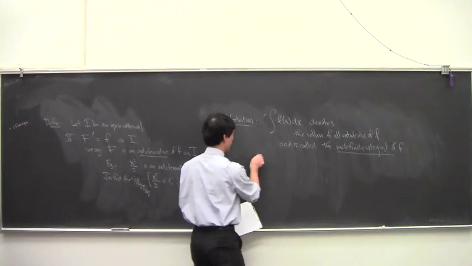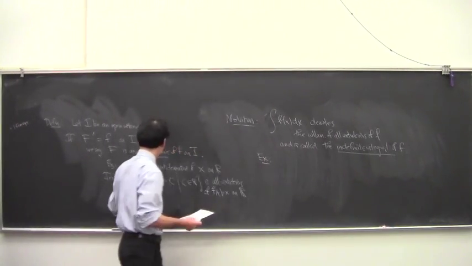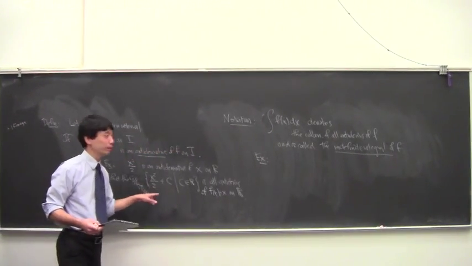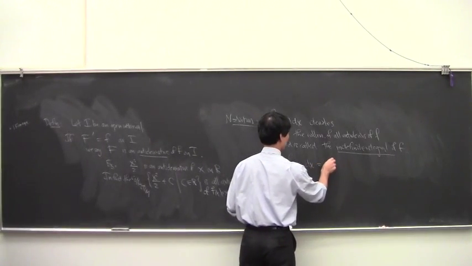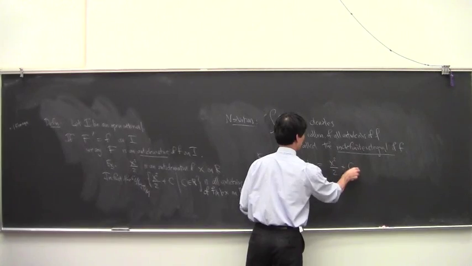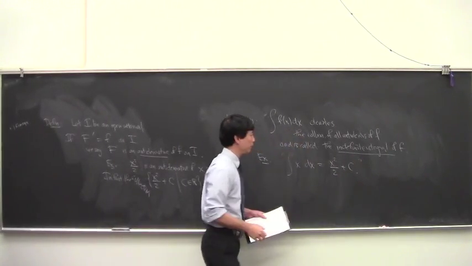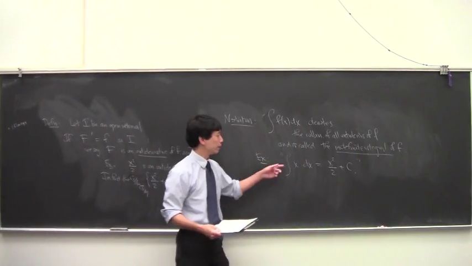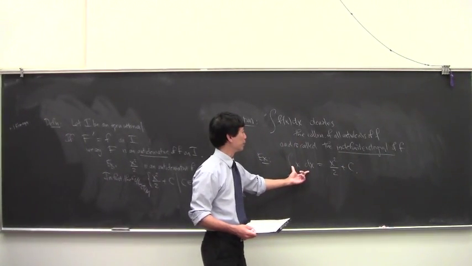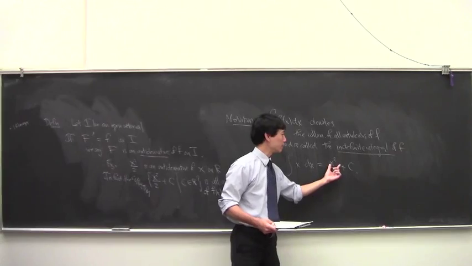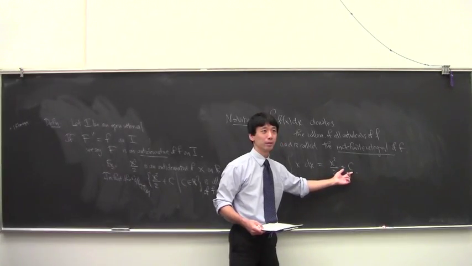Okay, so for example, instead of writing this long statement out here, usually it's like this. You write that the collection of all antiderivatives of x is x squared over 2 plus c.